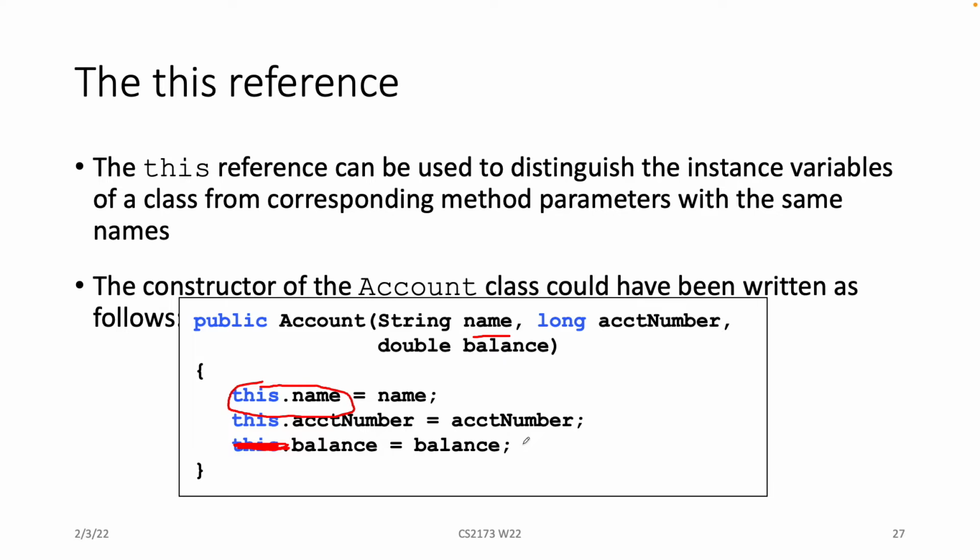Java will happily, the compiler will happily let this by. However, do you see what will happen, what this does? What this will do is, this says, take the local variable that was passed in and assign it to the local variable that was passed in. But what it won't do is set the instance variable of balance to what was passed in.